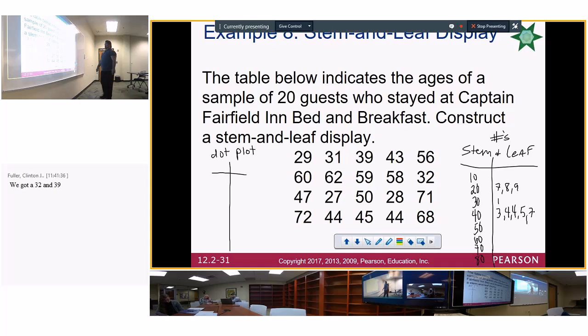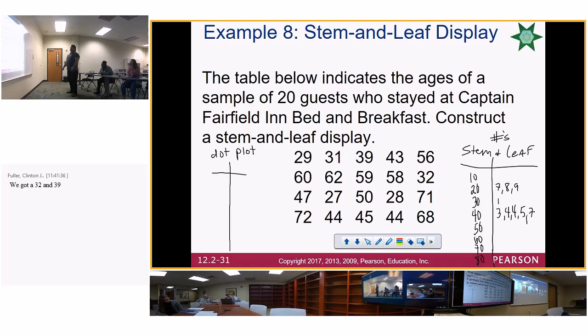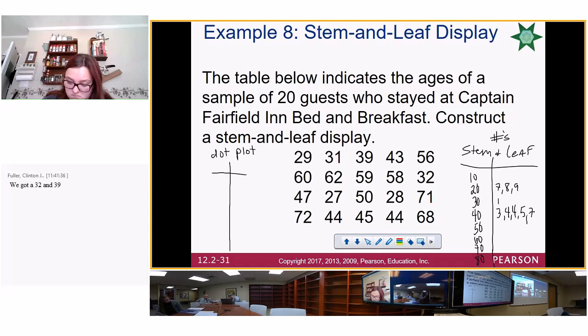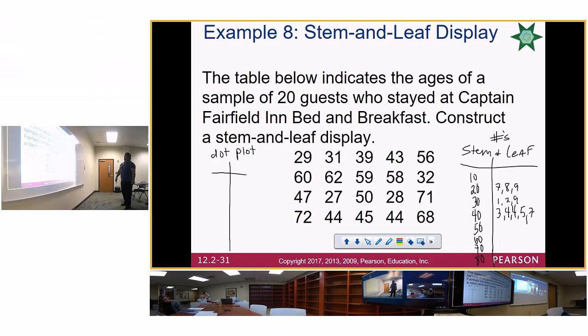Y'all check me. I only see 31. Oh, there's a 39. And the 32. I hate these things. Okay, 31 and 32, so a 32 and a what? 39. Thank you, Miss Woodward.